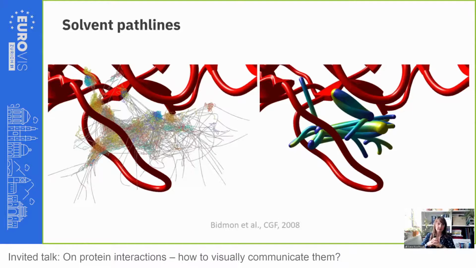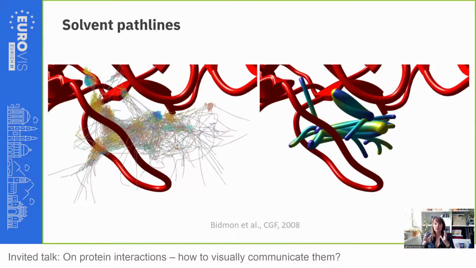So one example which was designed for exploration of the individual path lines of these water molecules was presented by Gillmann and her colleagues in 2008 already. And basically, here the idea was somehow to simplify the trajectories which were extracted from the simulations. So on the left side, we can see all water molecule path lines which were extracted for a certain small area within the protein.